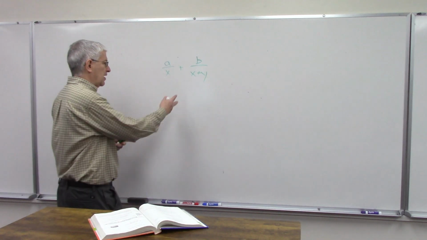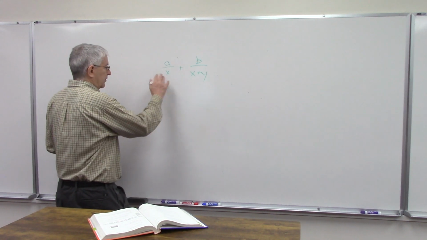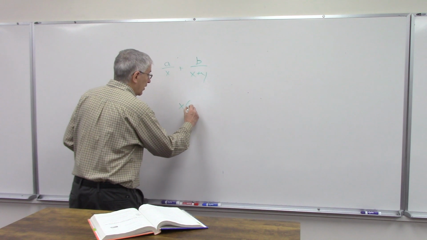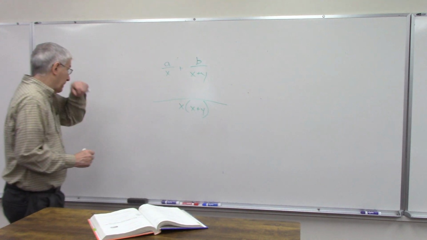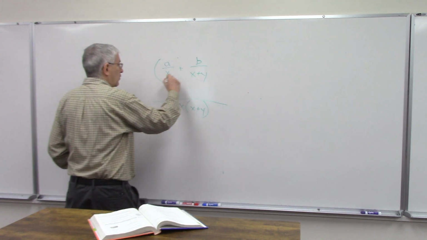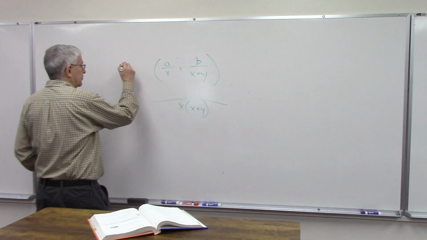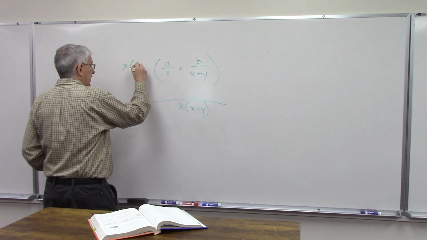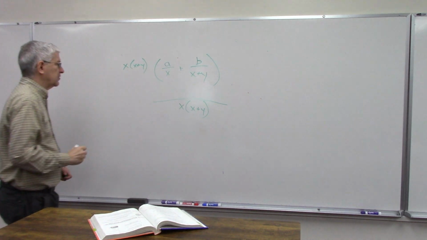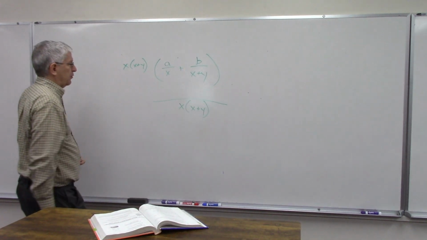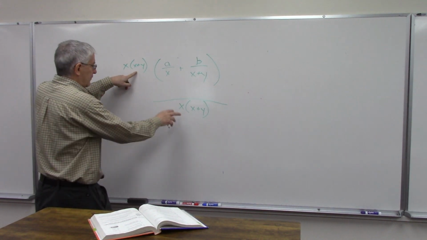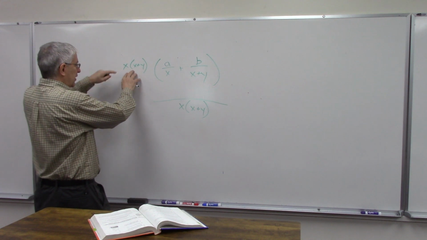Well, our common denominator is, there's nothing we can do other than x and x plus y. And as we did before, I think this is still a good practice to help you figure out what to cancel. Put all of this in parentheses and put what you have in the denominator up here, and let's see what cancels out.